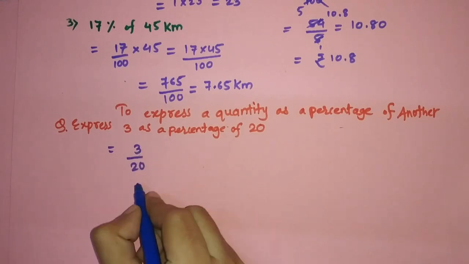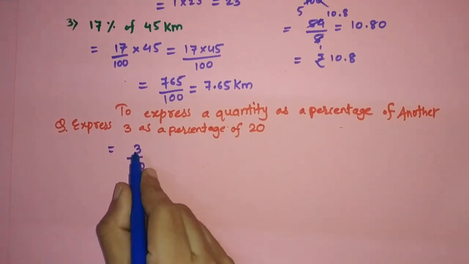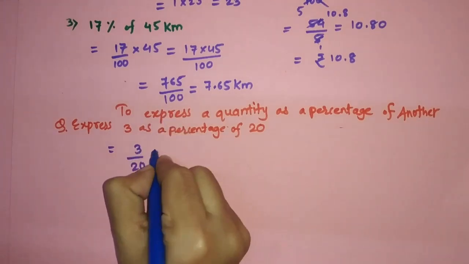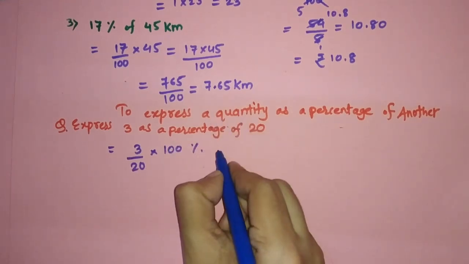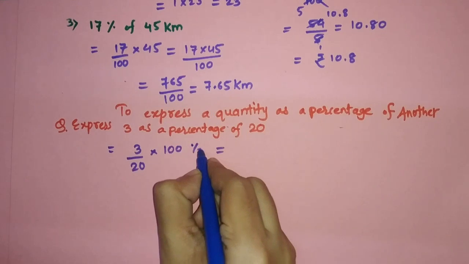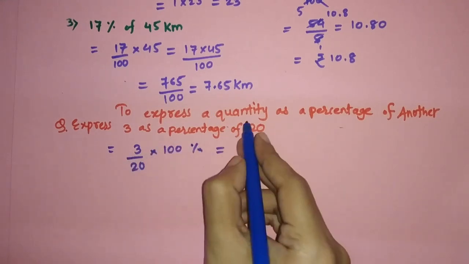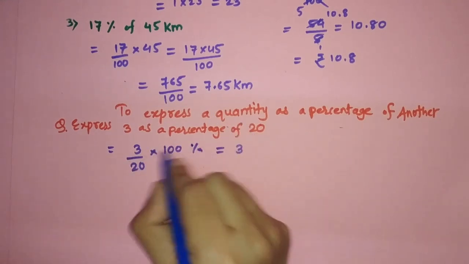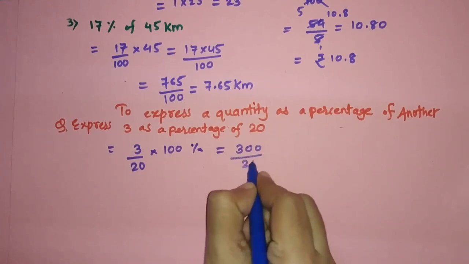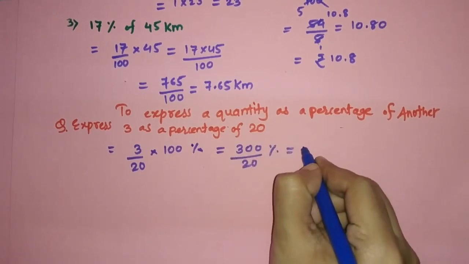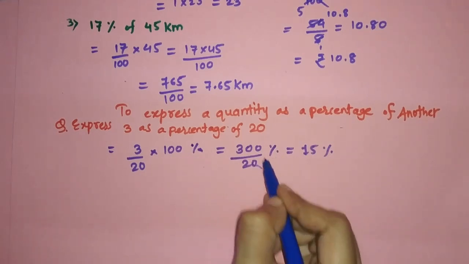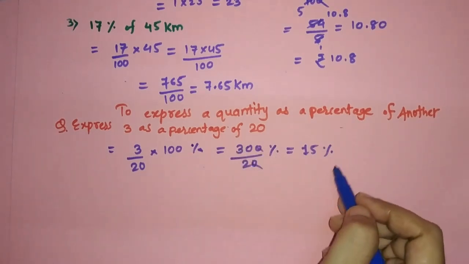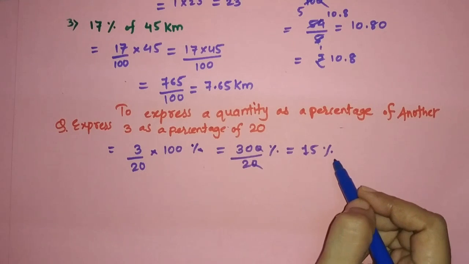That means 3 upon 20, that is 3 out of 20, and in order to convert into percentage, just multiply by 100%. So now do the simplification: 300 divided by 20, you'll get 15%. You can cut this 0, and here 2 15s are 30.